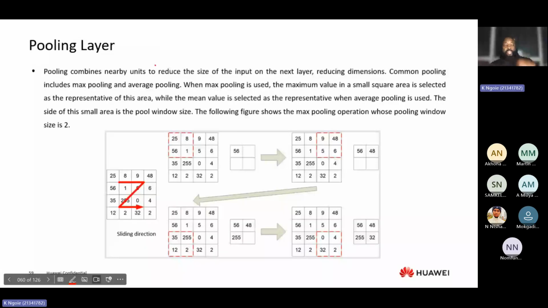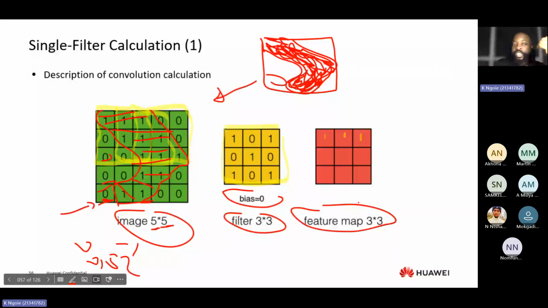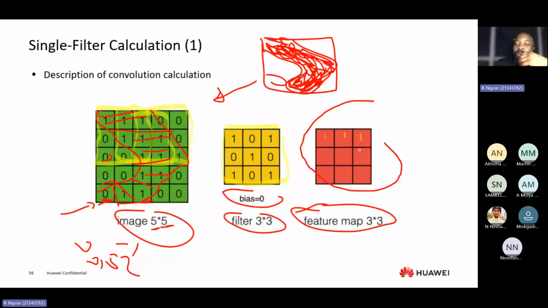The pooling layer will take the whole map. Remember, we're going to get this mapped feature here. So this is what the convolutional layer will give us. Now that we have this map here, an example I can give you is, when we have this and that, it gives us the value here.